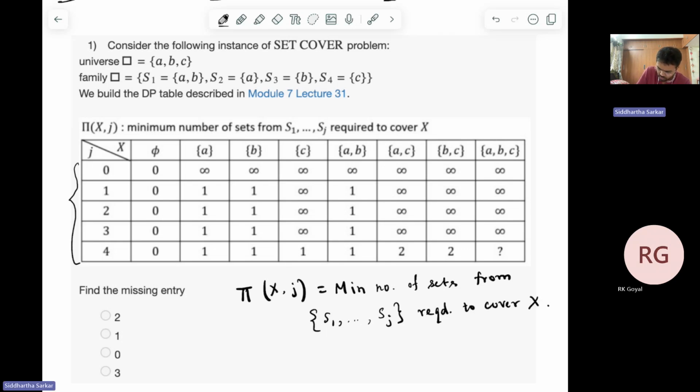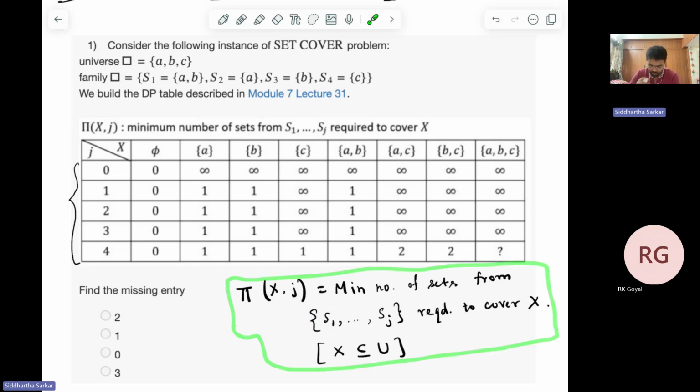X is a subset of the universe. You are saying that I am not insisting on covering the entire universe, but I insist that a part of the universe, which is X, should be covered. But I'm also insisting that you are not allowed to take any of the sets, but only a subset of the sets. Then what is the best you can do? That is the meaning of the table entries.